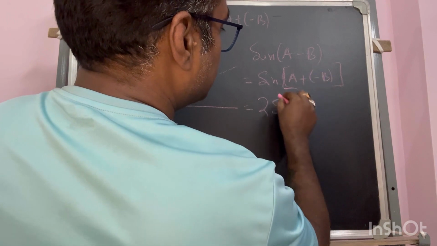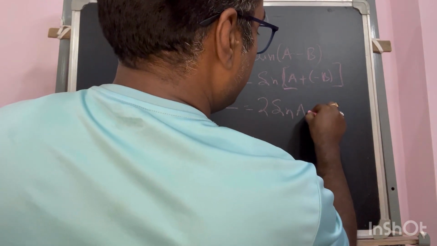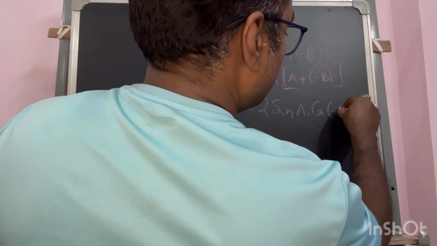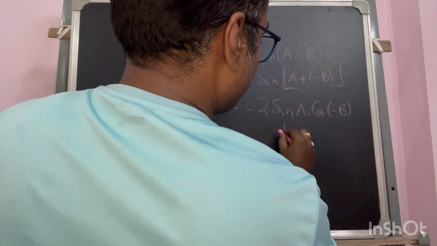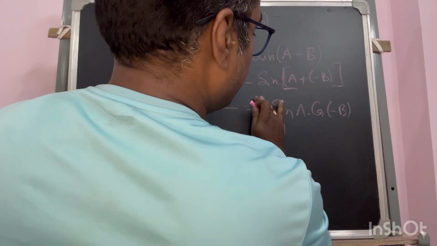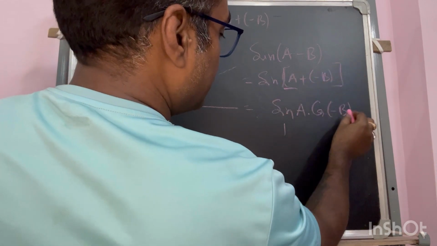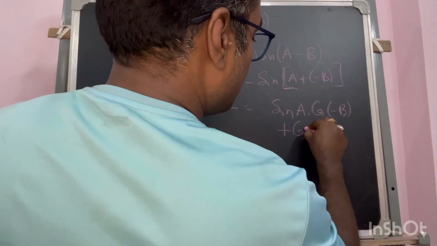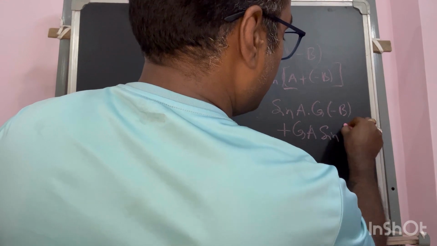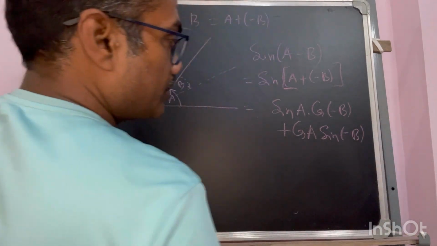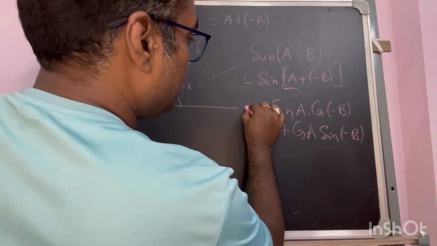Now this minus b you can put in place of b, so sin a cos of minus b plus cos a sin of minus b. Now this could be equal to what?